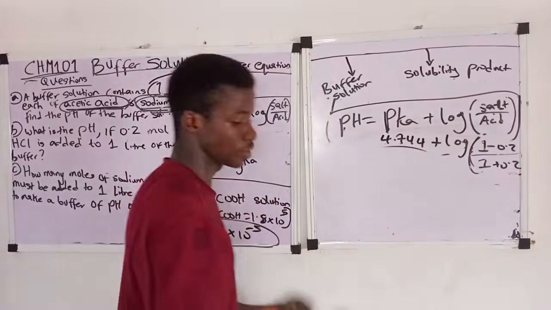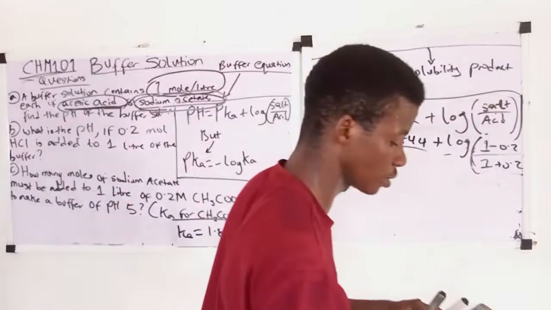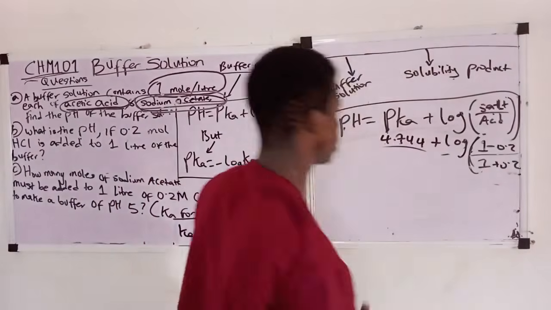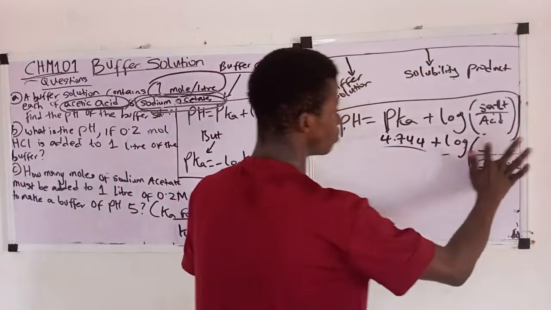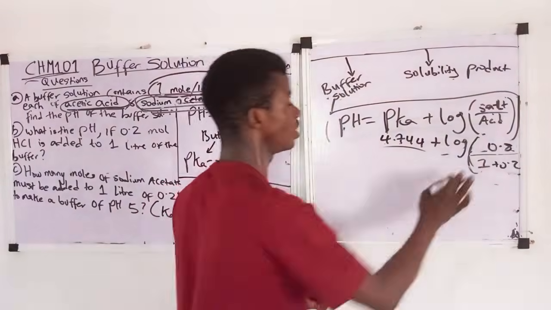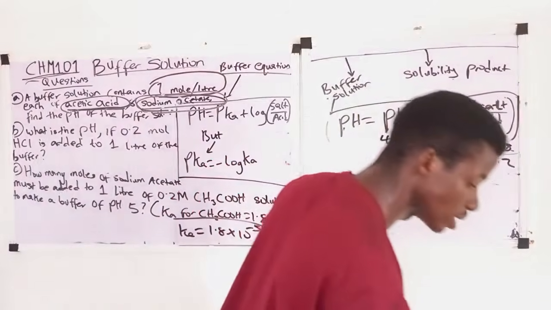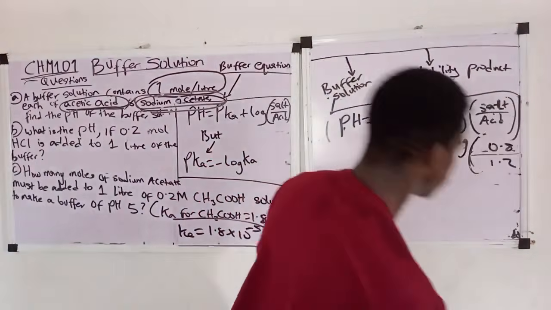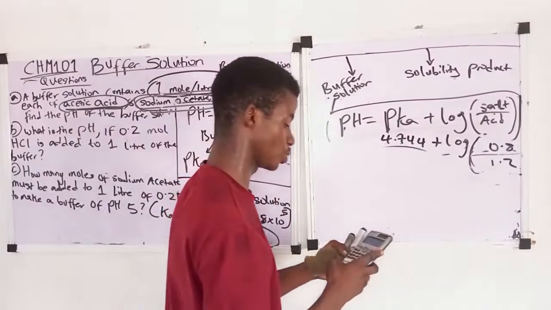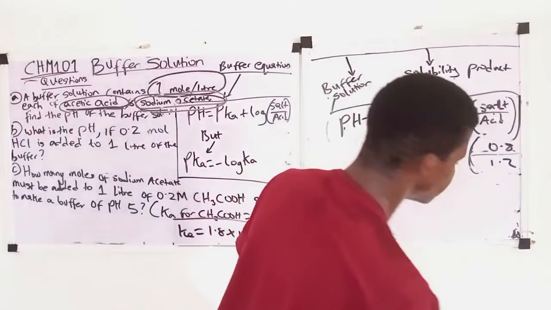So 1 minus 0.2 gives us 0.8. So everything here will be 0.8, right? Yes. Then 1 plus 0.2 gives us 1.2, right? Yes.